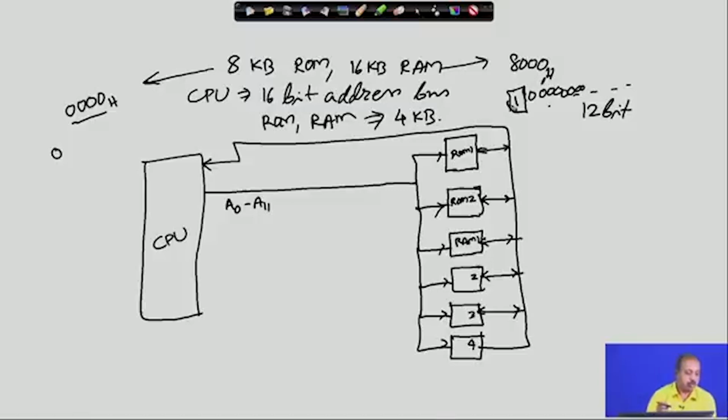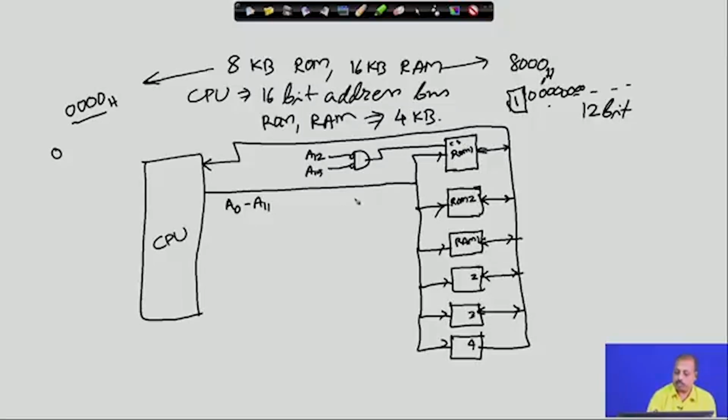For differentiating between these two ROMs, we put this type of gate, where the lines A15 and A12 are connected here. When A12 and A15 are 0, this will connect to the chip select of this ROM chip.